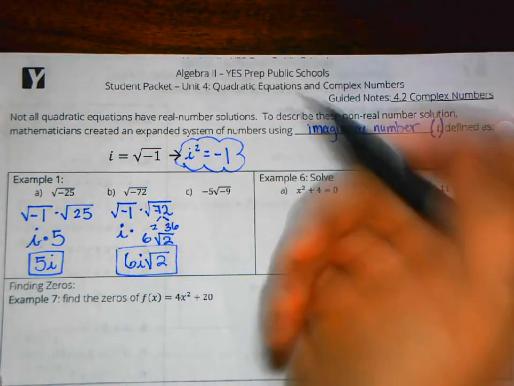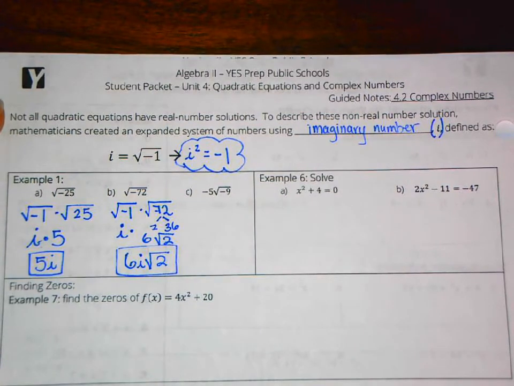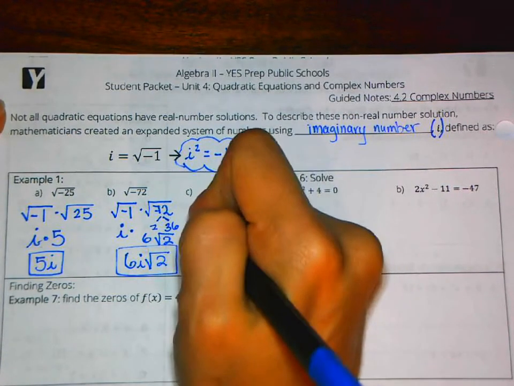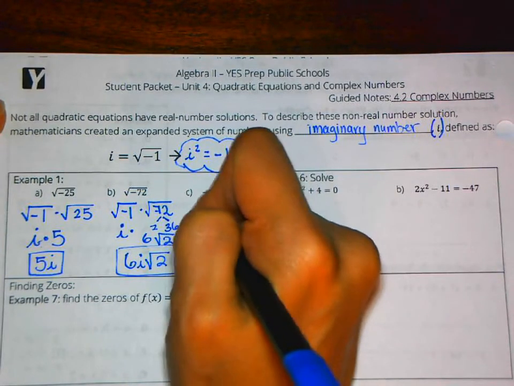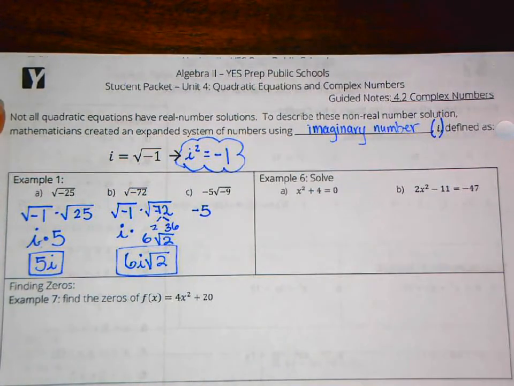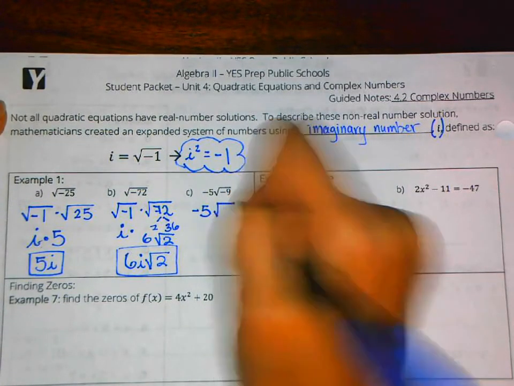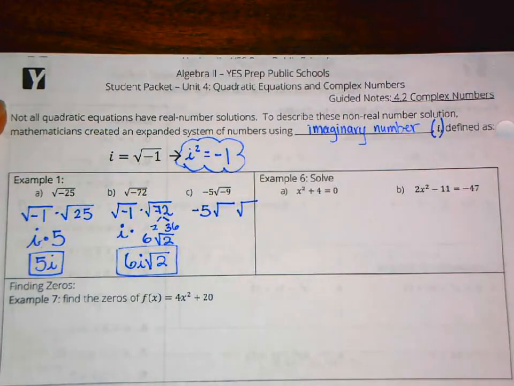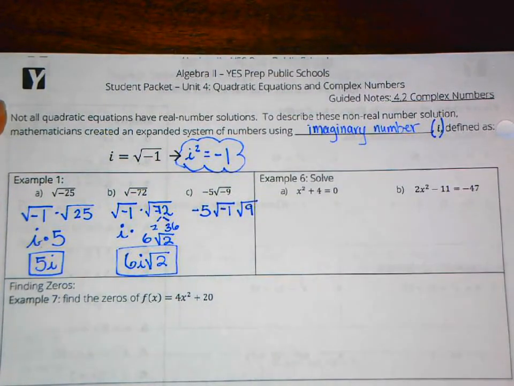One more example. Square root of negative 5 times square root of negative 9. Now, negative 5 is just a regular number. It's just a negative 5. So it stays as a negative 5. Square root of negative 9, that's the one I'm going to split into 2. I'm going to split that into negative 1 and 9.